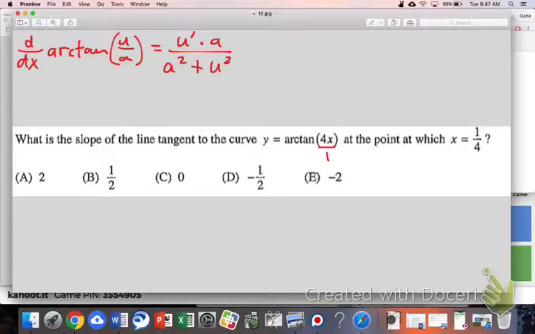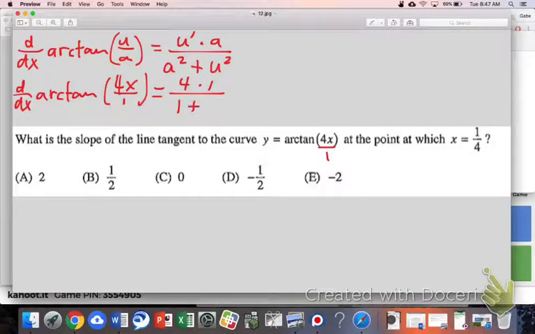So as you try to apply this form, you would then say d/dx of arctan of 4x is equal to, well, u prime would be 4. The a value is 1. 1 squared is 1. 4x quantity squared is 16x squared. And then it's just an issue of plugging in the 1/4.